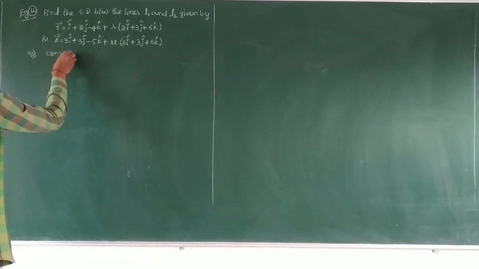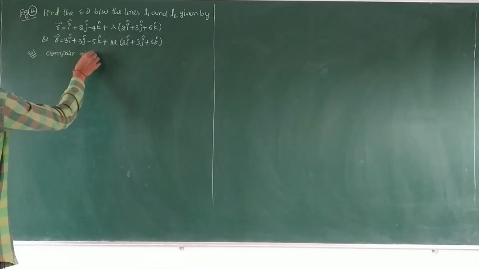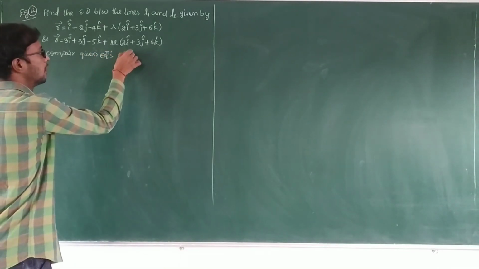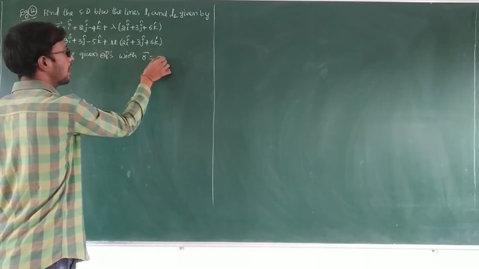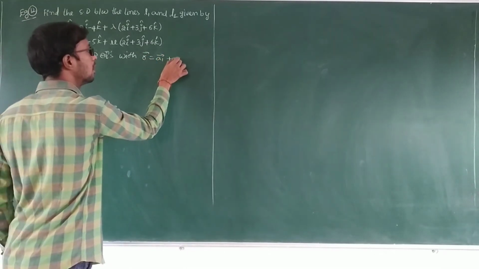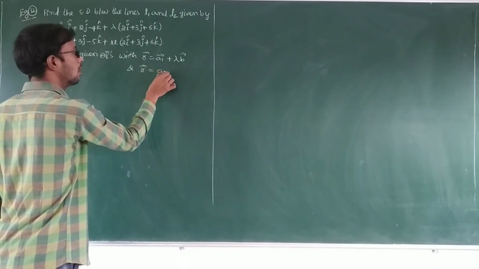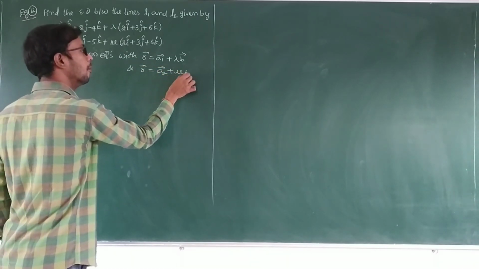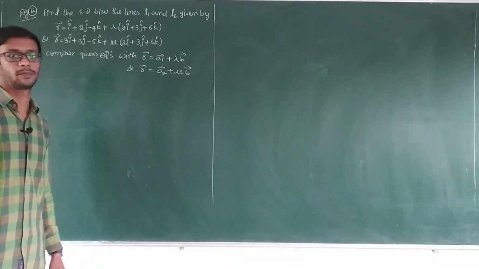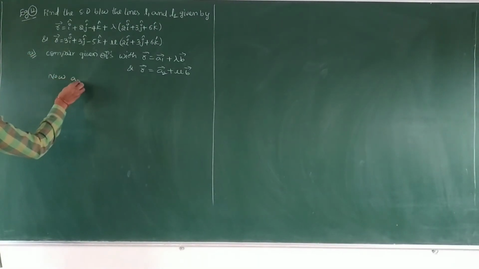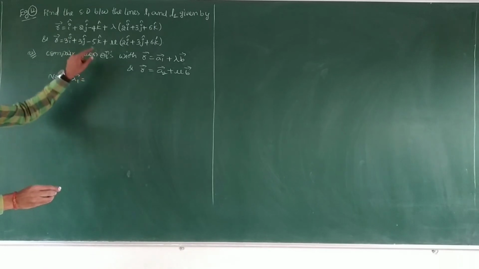Compare the given equations with r equal to a1 bar plus lambda b bar, r equal to a2 bar plus mu into b bar. So now a1 bar, what is the a1 bar here?